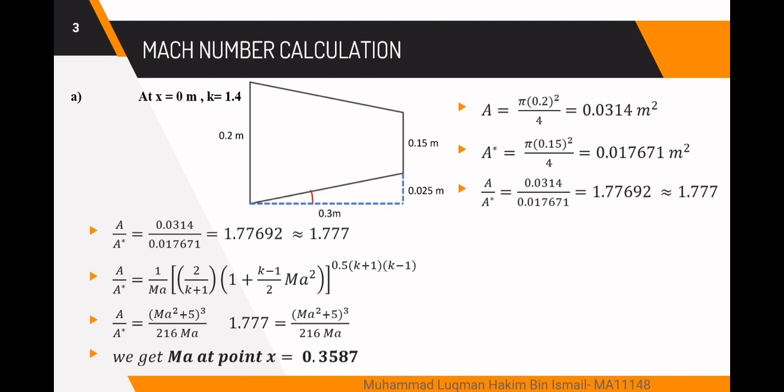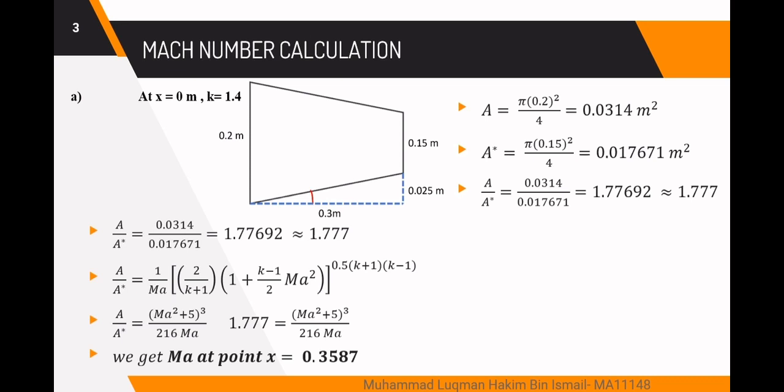Next, for the example, at the point x equal to 0, which is the initial point, and the value of k equal to 1.4, we can use the formula of the area to find the area at the point x, substitute the value of diameter, and then we get the area.